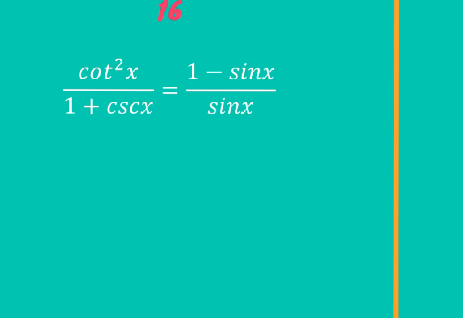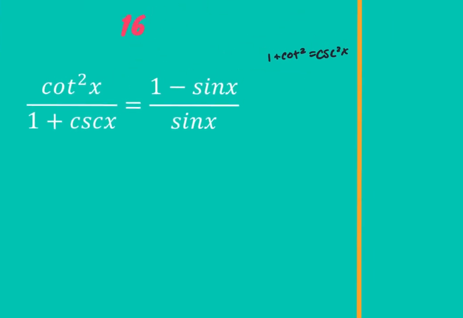So if I have cotangent squared over 1 plus cosecant, I know cosecant and cotangent are part of the Pythagorean identity 1 plus cotangent squared equals cosecant squared x. So I would try to get that to one of the trig functions instead of 2 separate ones, because this is the same one over here. So I can rewrite cotangent squared as cosecant squared minus 1.